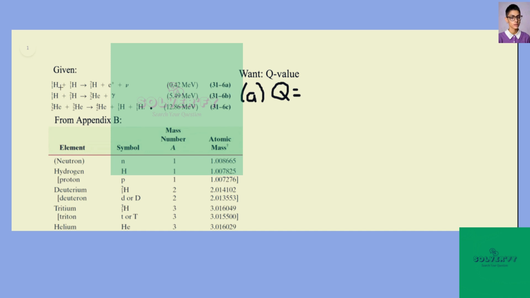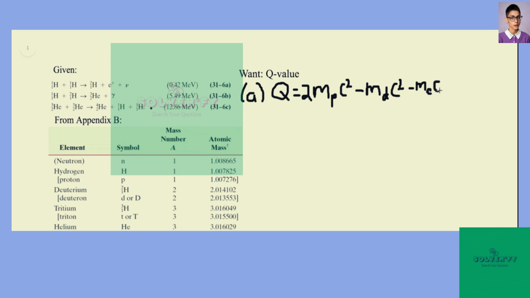So here we have two protons, let's say 2m sub p multiplied by c squared, minus the mass of deuteron sub d times c squared, minus the mass of the positron, which is in fact equal to the mass of the electron, by c squared.